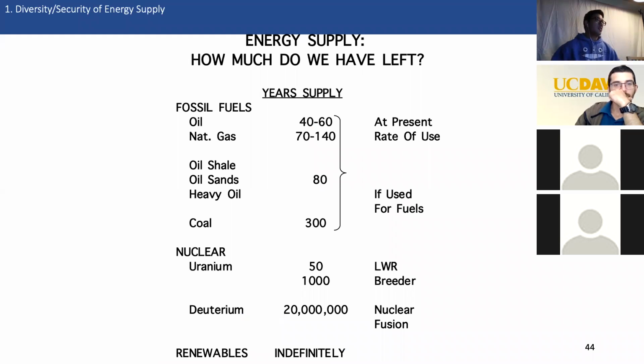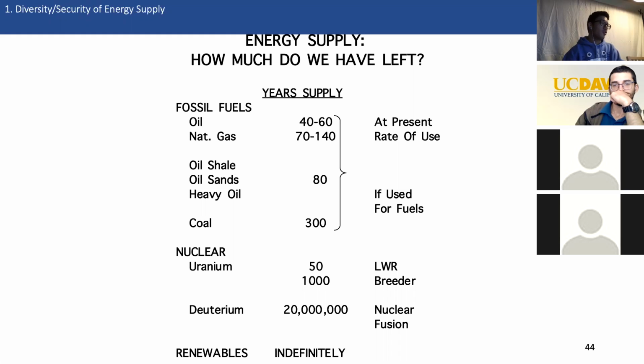Yeah, and so I was just mentioning how many years of supply we have left. A lot of the fossil fuels are going to be gone at our present rate of use within a couple hundred years, and for transportation fuels, probably even sooner than that. Although these numbers will differ depending on who you ask, and they've changed over time as we get access to more resources that we didn't think we had before.